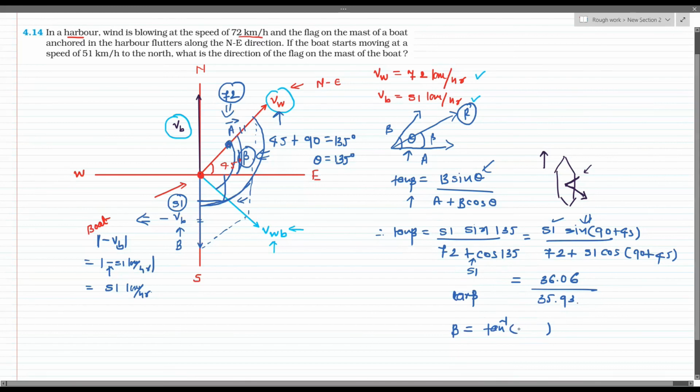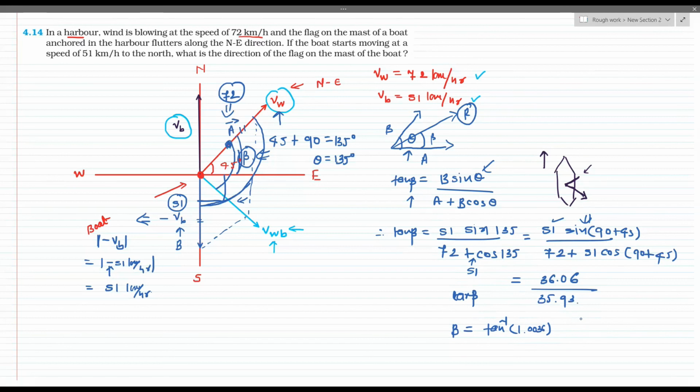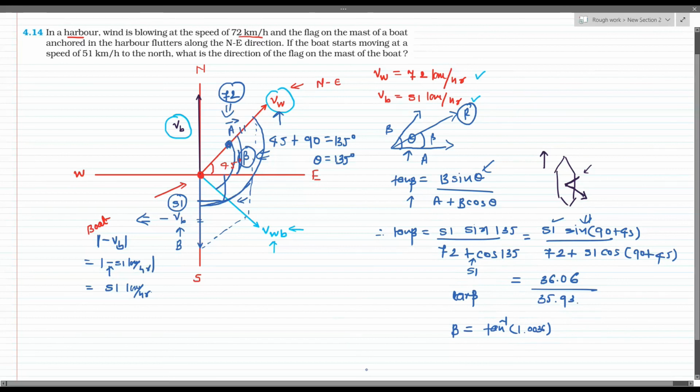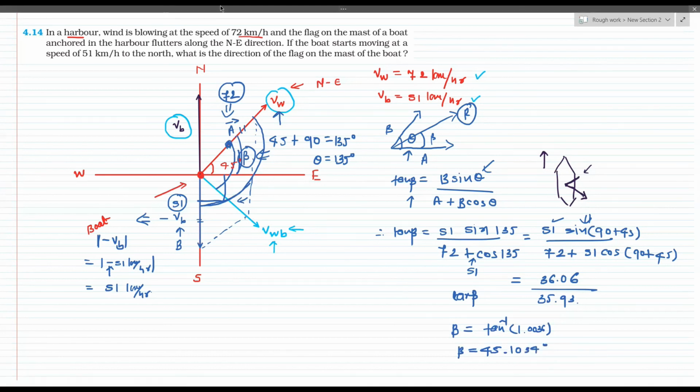It is almost 1.0036. All right. If we take tan inverse, then we get beta equals 45.1034 degrees, right?